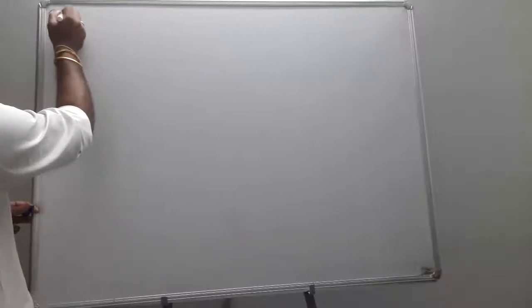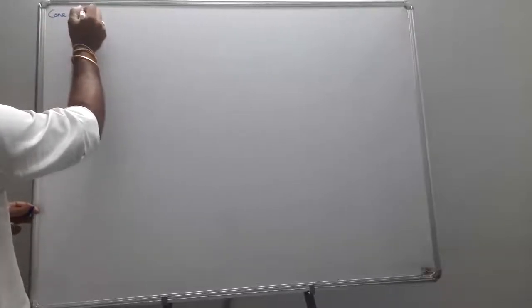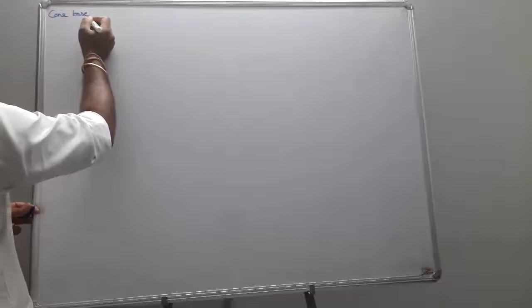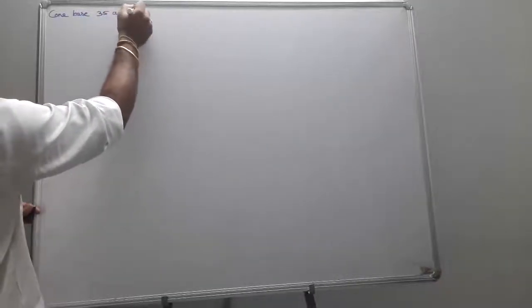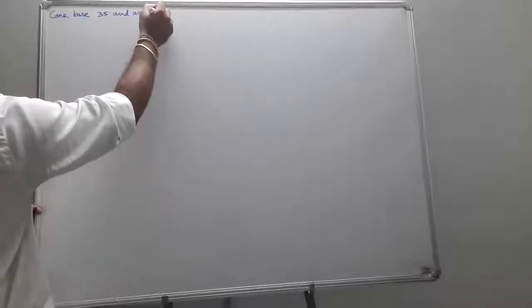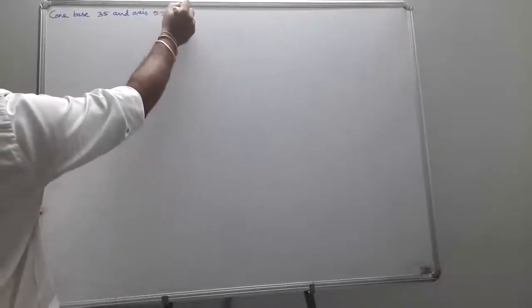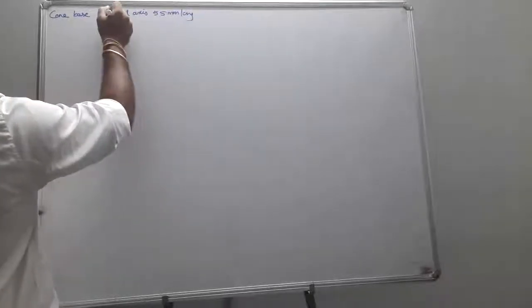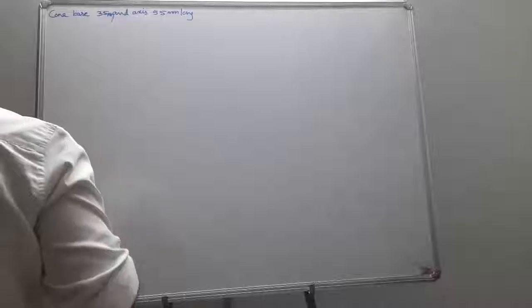Draw the projections of a cone. Base diameter 35 and axis 55. Cone base 35, axis long.